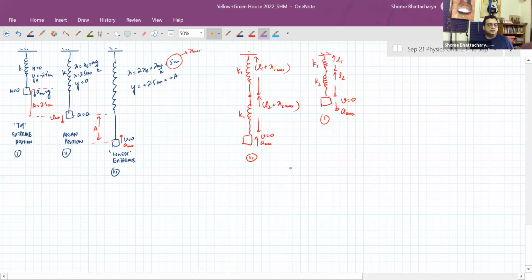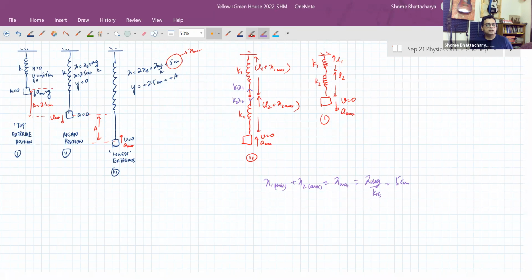If you compare these two, you can see that x1 maximum plus x2 maximum is basically x maximum, which is 2 mg by k equivalent, or 5 centimeters. But also from this you can see that the point where they are joined, that point P, is a massless point.